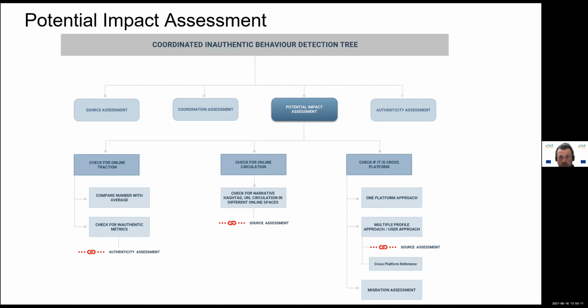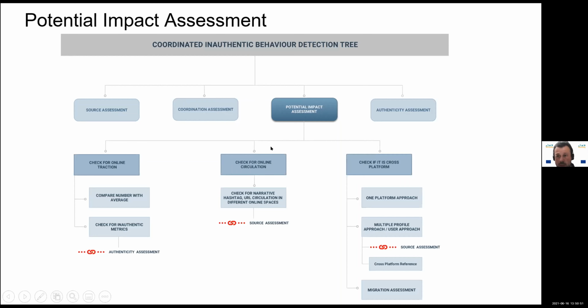You have the one platform approach, basically taking one profile on a platform and checking all the links it points to, or the multiple platform approach, where you check, for instance, if there is the same name, the same friend list names, or the same contact list on two different profiles on two different platforms.